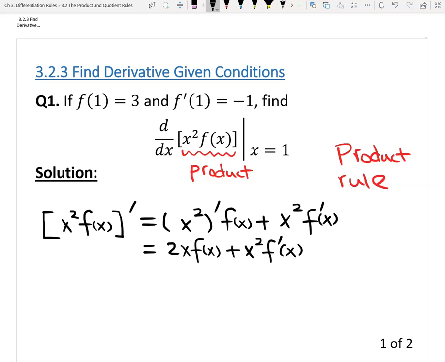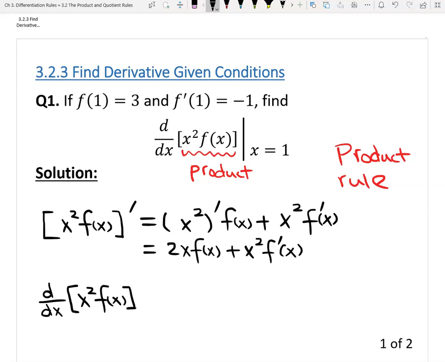The question asks to find the derivative at x equals 1. So let me copy the question. All we need to do is find d/dx at this point. This is the formula, this is the function, and we already found this: the first prime is equal to this.